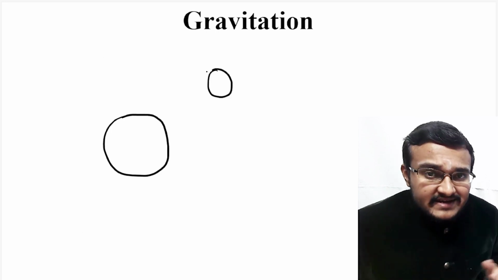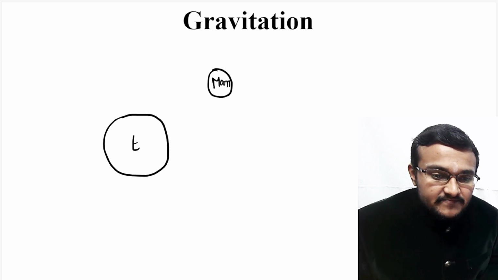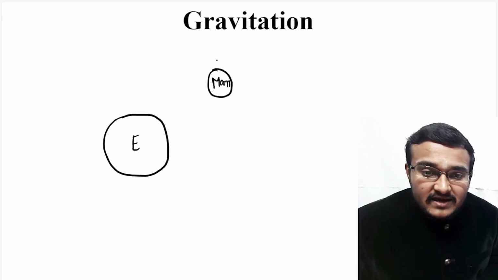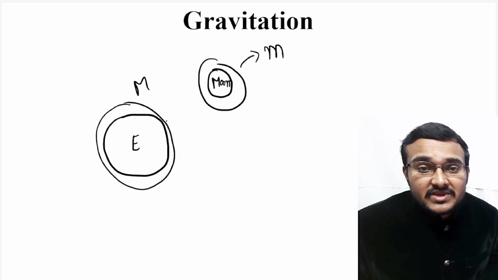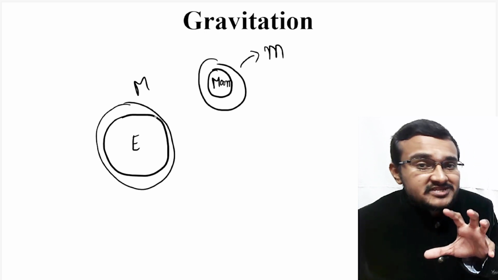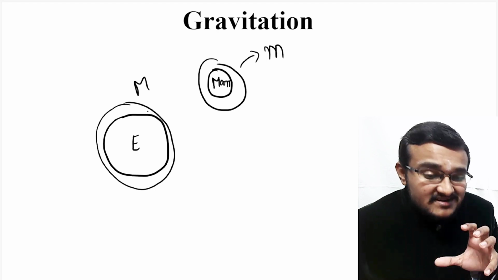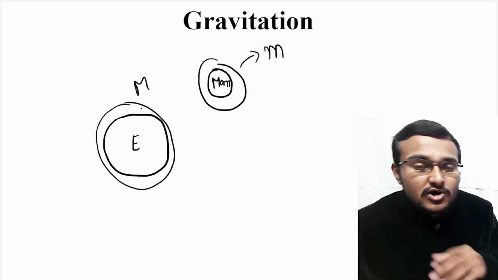Now if you consider another example, you can see that the moon always revolves around earth and earth always revolves around the sun. Even the moon has certain mass, let us call this small m, and earth has certain mass, capital M. Both these objects have certain mass, which means they should exhibit some amount of gravitational force on each other.